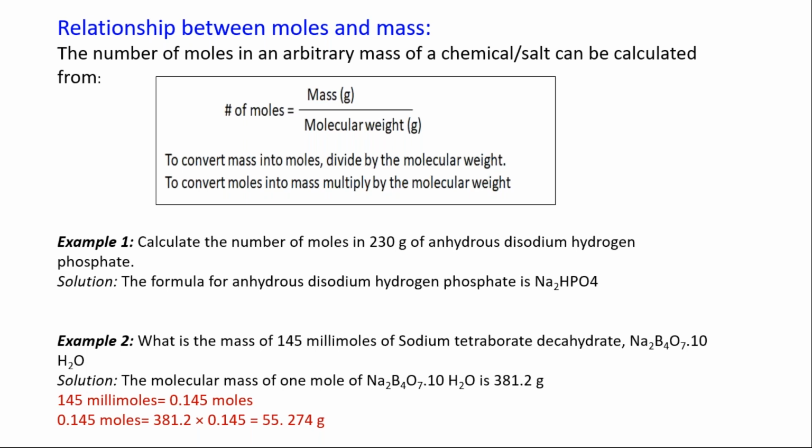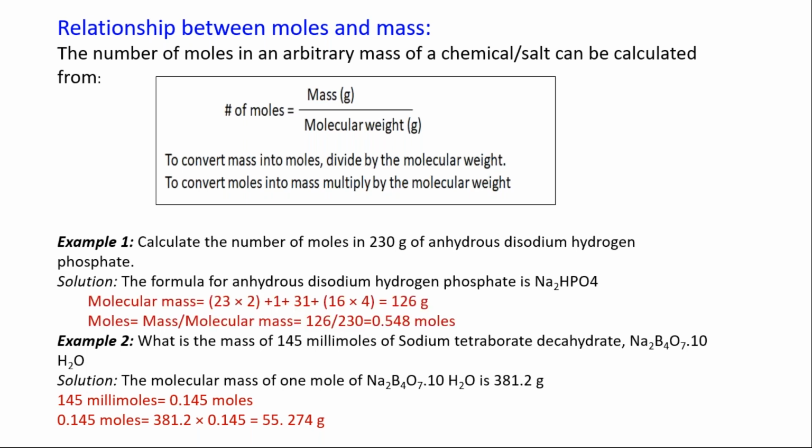So here are two problems for you. One: calculate the number of moles in 230 grams of anhydrous disodium hydrogen phosphate. Anhydrous very clearly says that there is no water in it. The formula for disodium hydrogen phosphate is Na2HPO4.